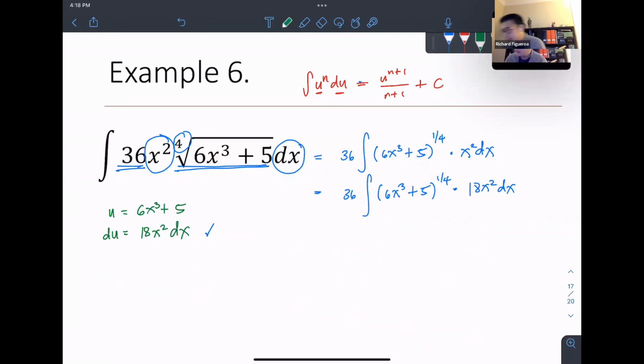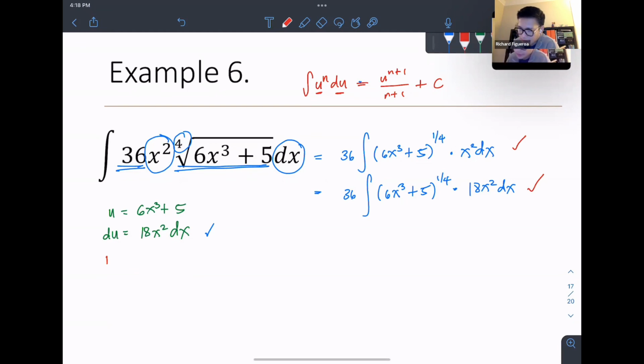What is in excess? Compare this one and this one: what is not the same? It's 18. So 18 is in excess.